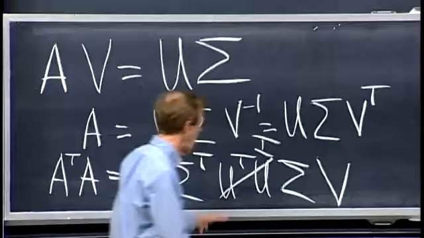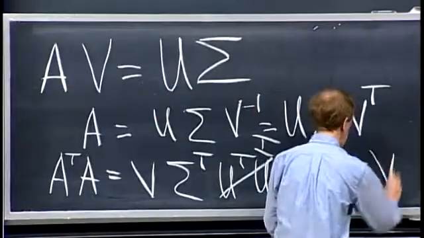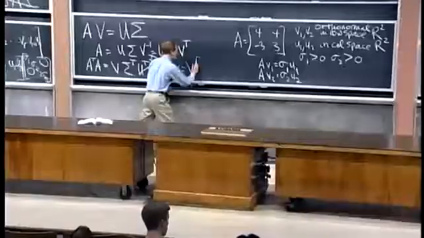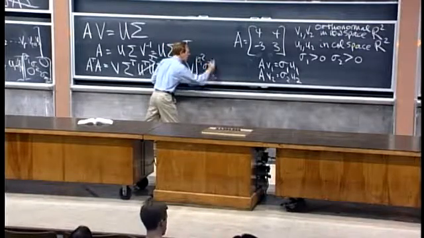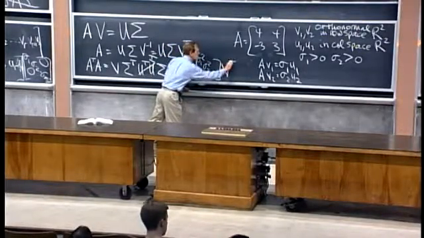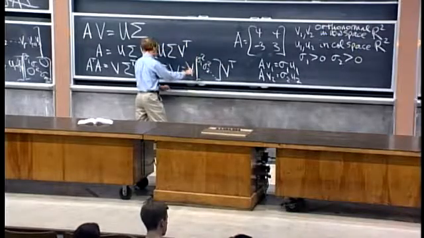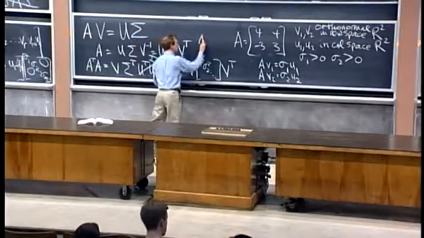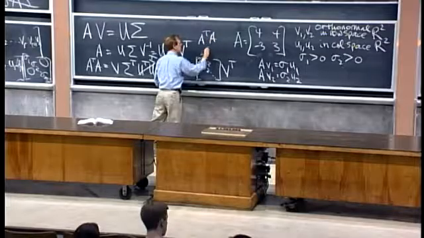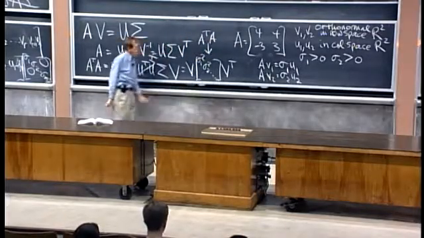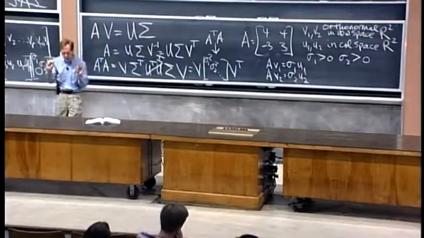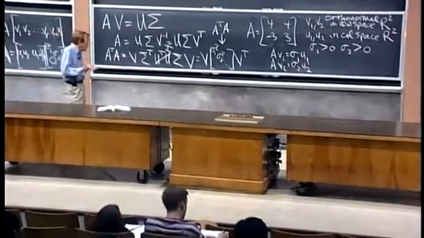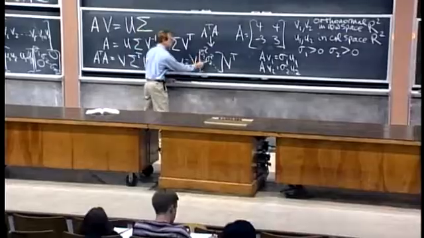So do you see what we've got here? This is V times this easy matrix, sigma 1 squared, sigma 2 squared, times V transpose. This is A transpose A. Let me copy down, A transpose A is that. U's are out of the picture now. I'm only having to choose the V's. And what are these V's? And what are these sigmas?